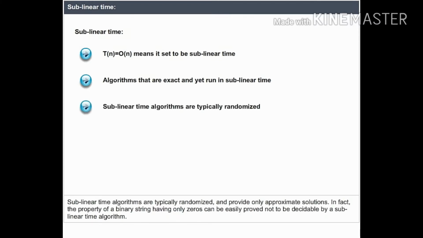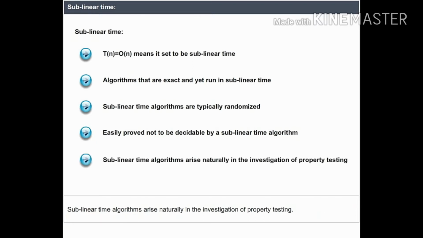Sublinear time algorithms are typically randomized and provide only approximate solutions. In fact, the property of a binary string having only zeros can easily be proved not to be decidable by a sublinear time algorithm. Sublinear time algorithms arise naturally in the investigation of property testing.